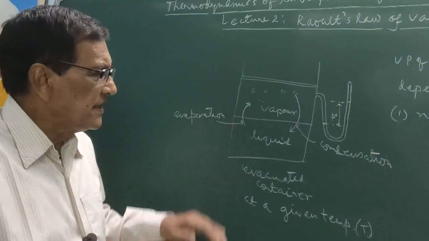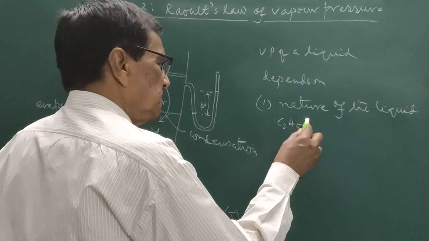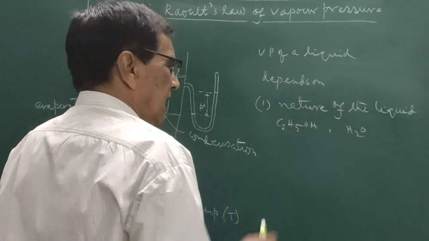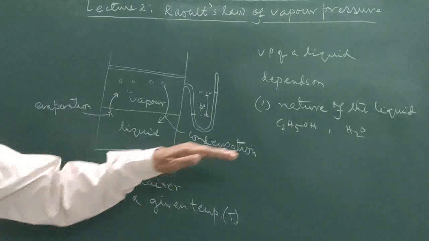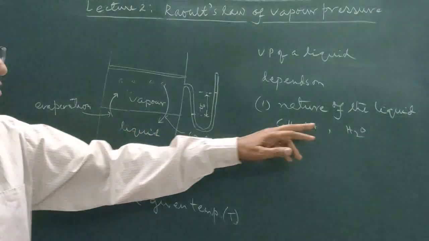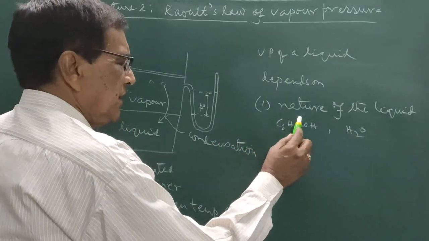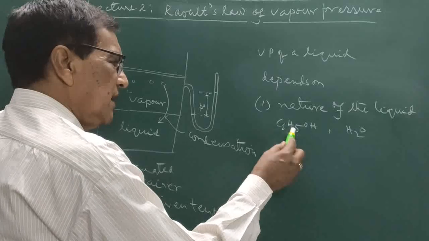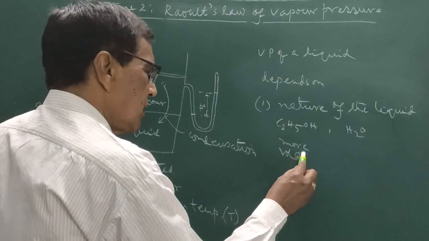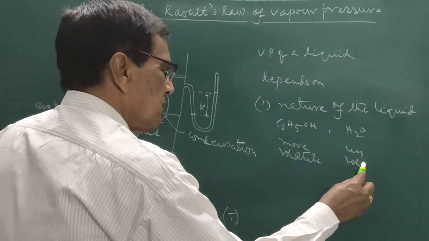As for example, say one is ethanol and the other is water. The intermolecular attraction of ethanol is less than the intermolecular attraction of water. So this one is more volatile, and this one is less volatile.